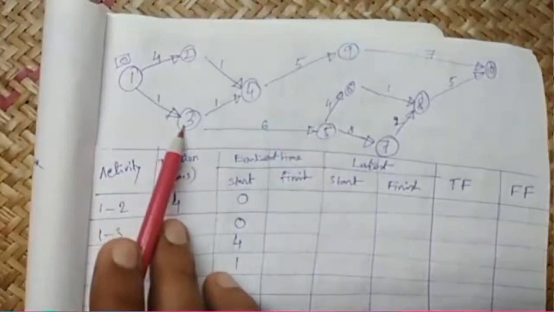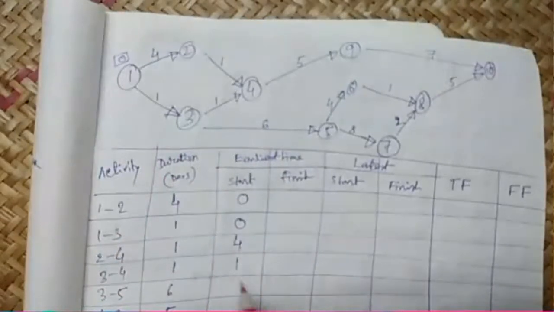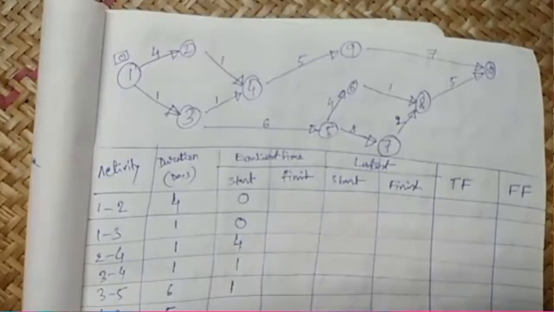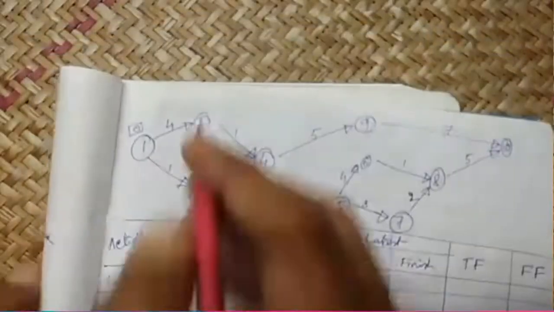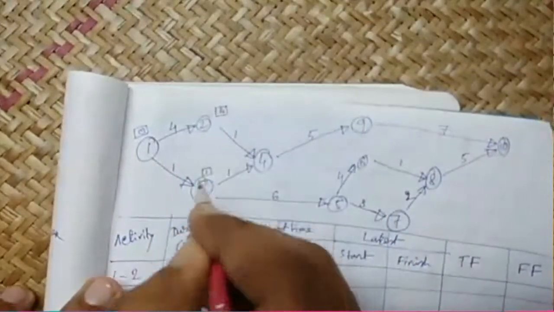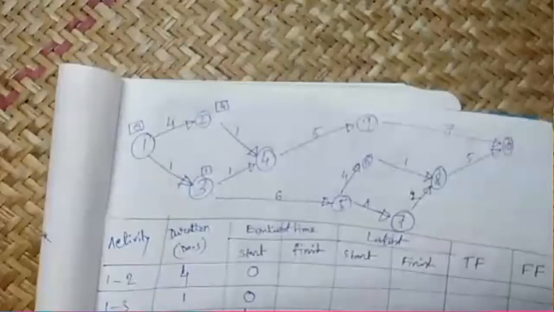After 1 day is completed, then only 3 5 can be started. So activity 3 5 has early start 1. Now if we look at event 4, we have forgotten something: here on the square we will write 4, here on the square we will write 1. Make no mistake about that.